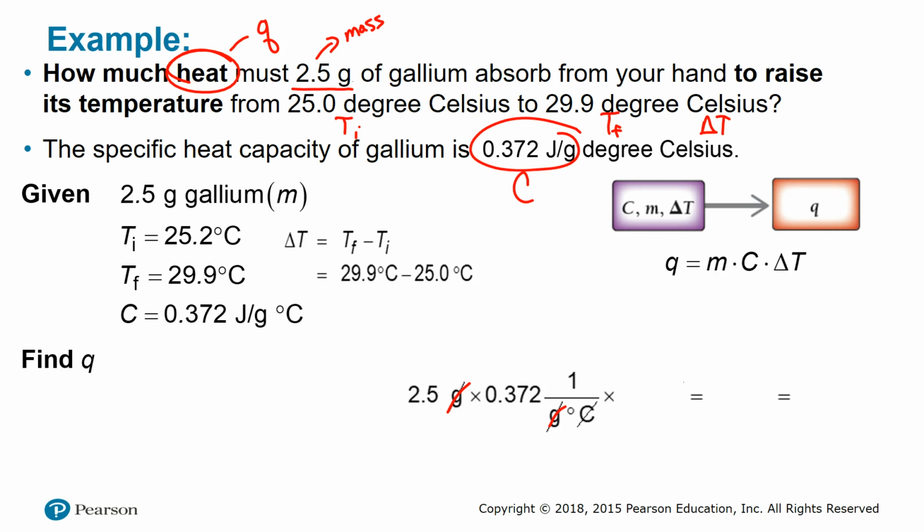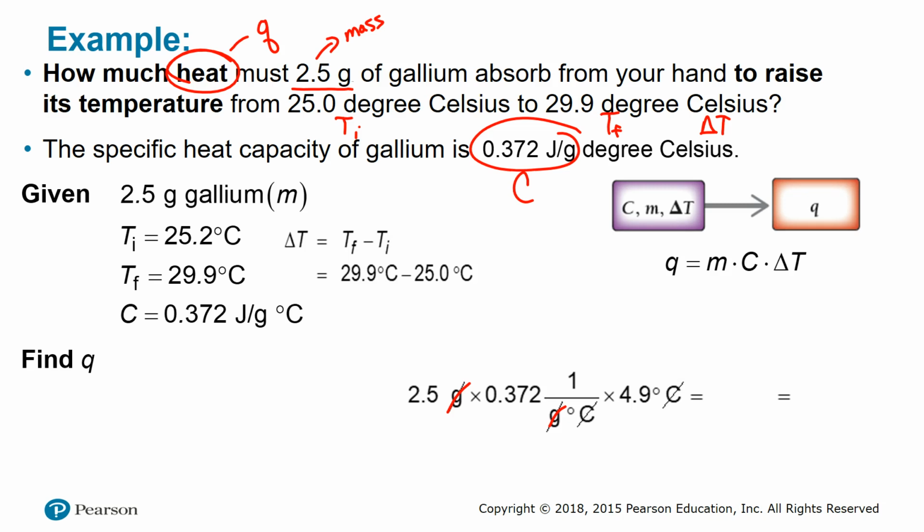Notice both of those are going to the tenths place. So when we do that calculation, I get 4.9 degrees Celsius. My mass is 2 sig figs, my specific heat is 3 sig figs, my temperature is 2 sig figs.